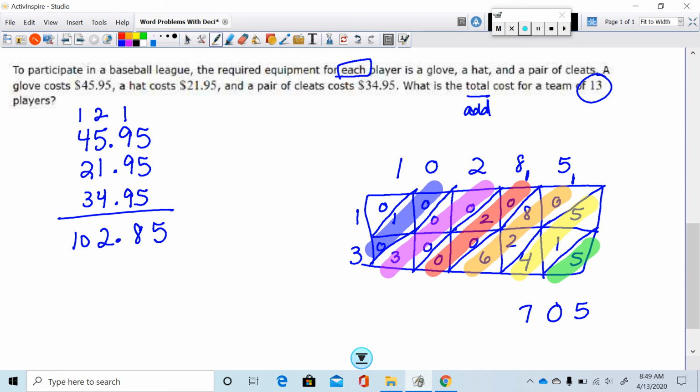Carry the 1. 1 plus 2 is 3. That's the red one. The purple one has just a 3. The bluish purple one has just a 1. Okay, the original amount of numbers after your decimal was 2. So we're talking about $1,337.05 for the entire team.